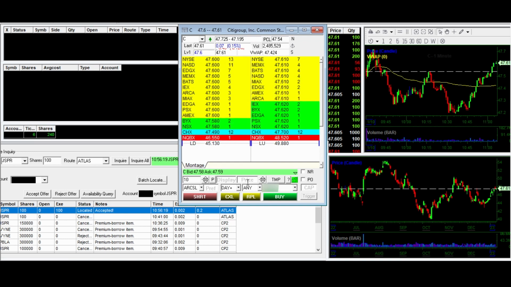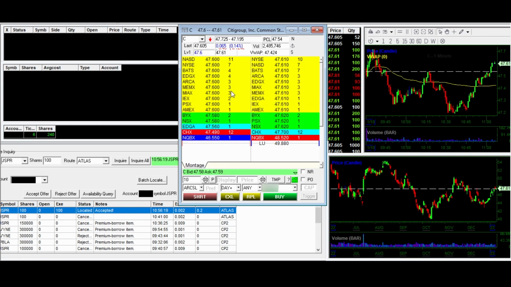What is a market? A market is simply a matching of buyers and sellers, right? And so in this case, what you're seeing is that the buyers are listed on the left side of this box, and the sellers are listed on the right side of this box, right?